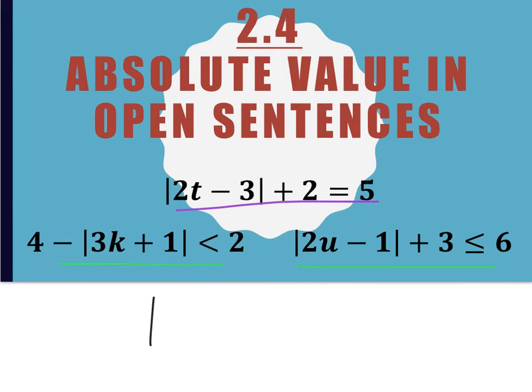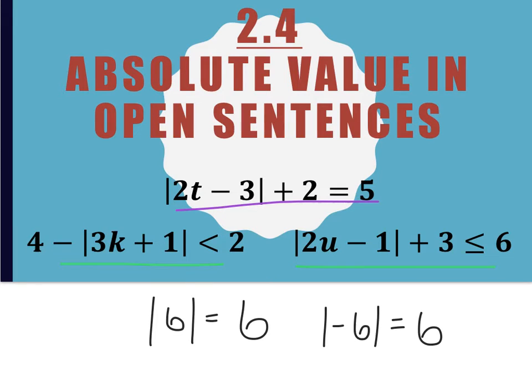If I was to ask what's the absolute value of 6, the absolute value of 6 is 6. How far away is 6 from 0? It's 6 things away from 0. If I was to say what's the absolute value of negative 6, again the answer would be 6, because it's how far away this particular number is from 0.